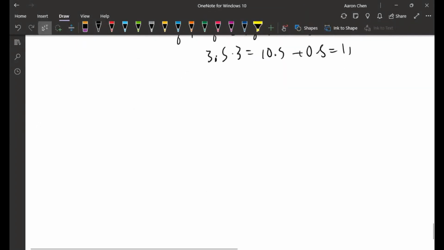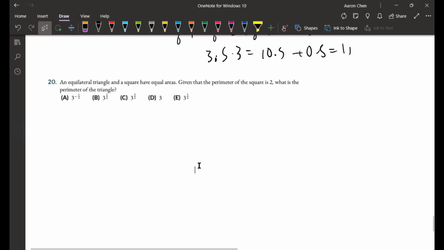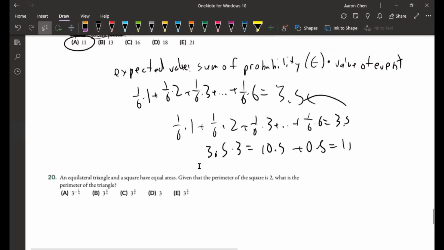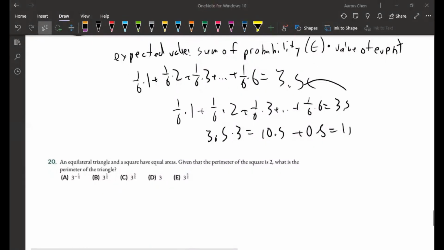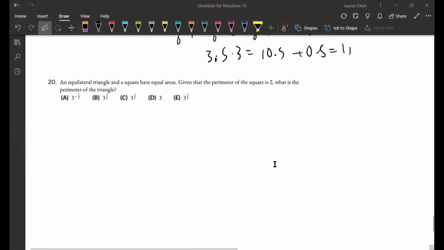So now let's move on to number 20. We have a question. Usually for 20 to 25, I don't have time, so I just guess all the problems. Is that fine?